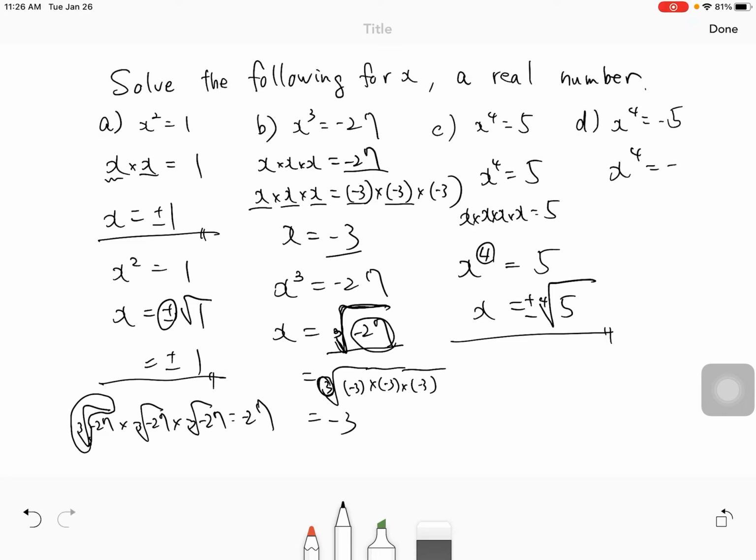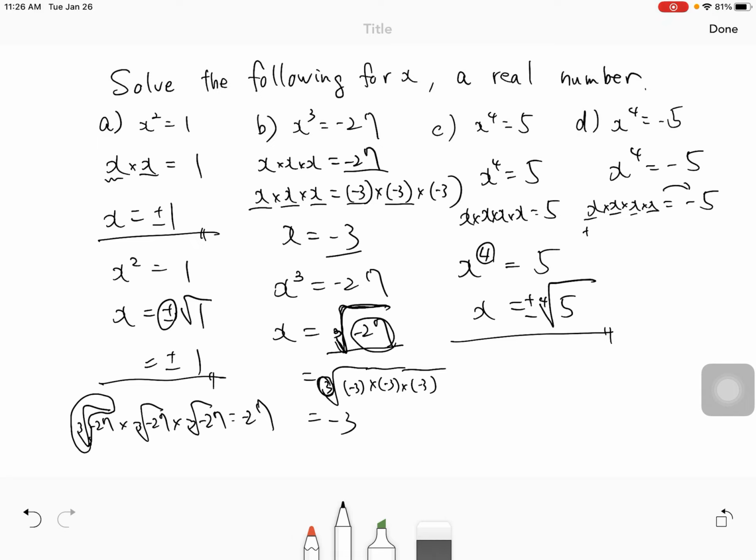Then number D, x to the power 4 equals negative 5. How to do that? In this case, this means x times x times x times x equals negative 5. And like I said, these numbers have to be the same.